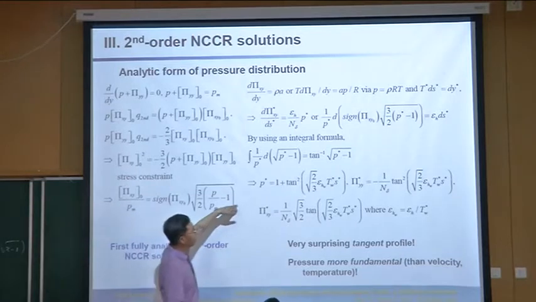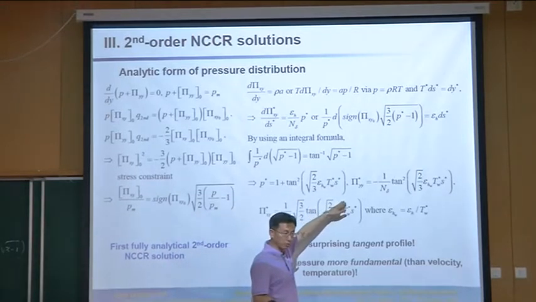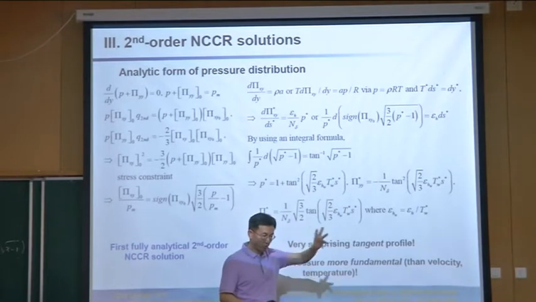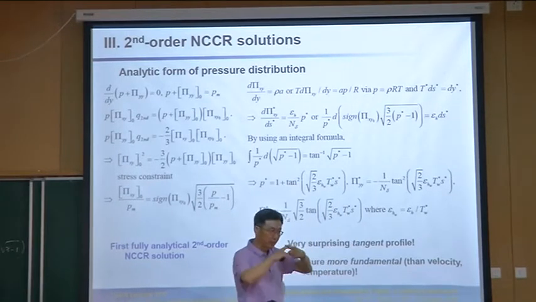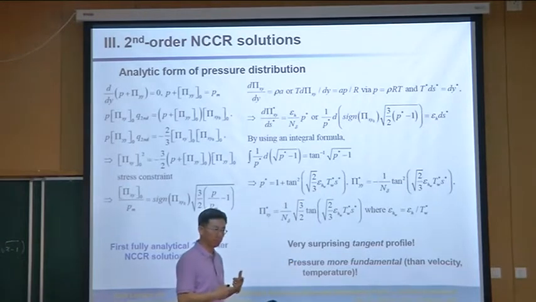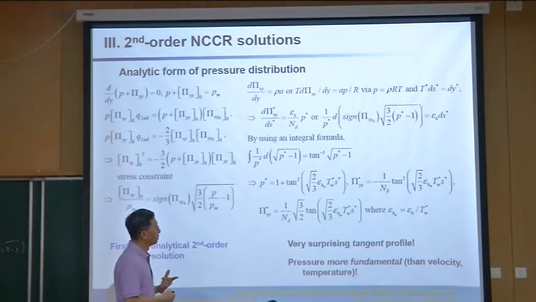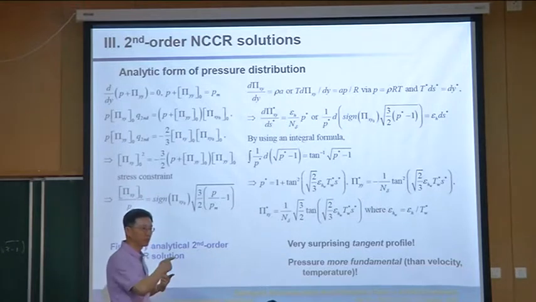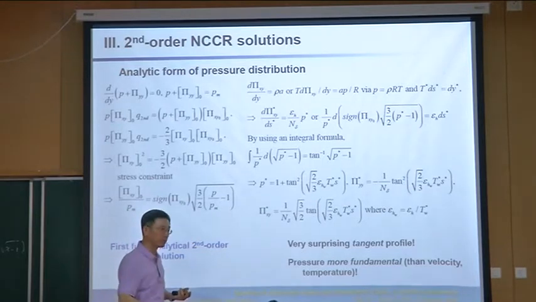Because the pressure profile is produced not by slip or jump condition, but by the constitutive law within the bulk fluid. So therefore, this is monotonic. The tangent profile is increasing from 0 to 1/2 from the center to the wall. This is monotonic. It will never decrease.